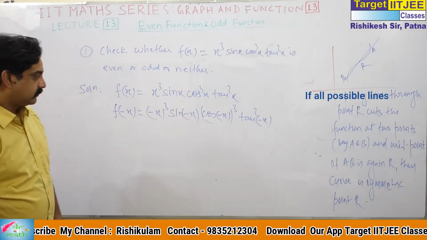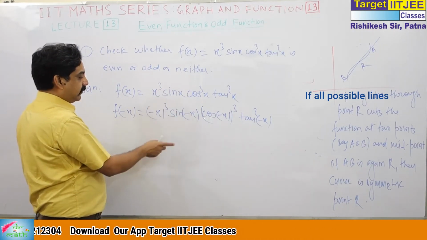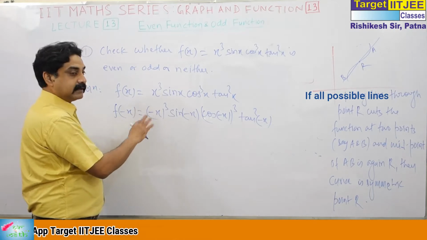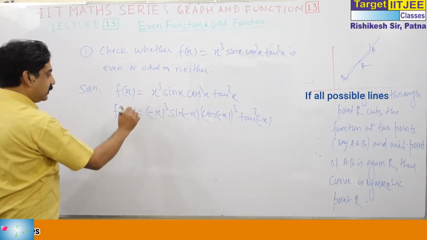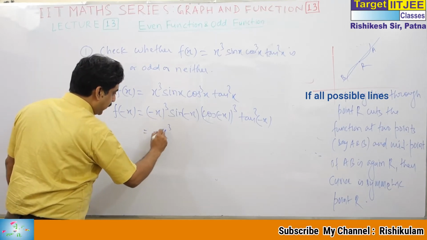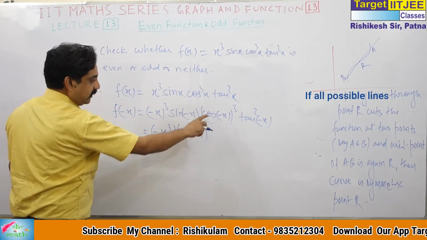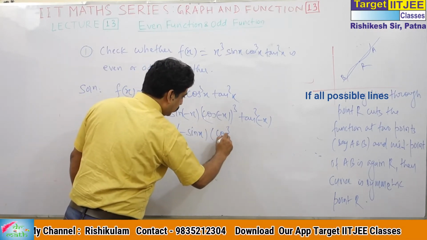If all becomes positive, then it is an even function. If a negative sign comes outside, it is positive. Minus a is positive, then it is an even function. This is minus x cube, minus sin x. Cos of minus theta is cos theta, so this is cos cube x.